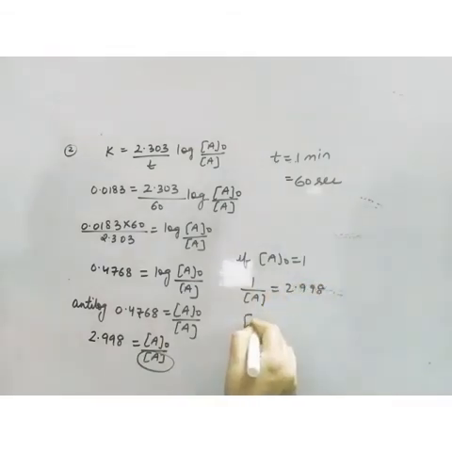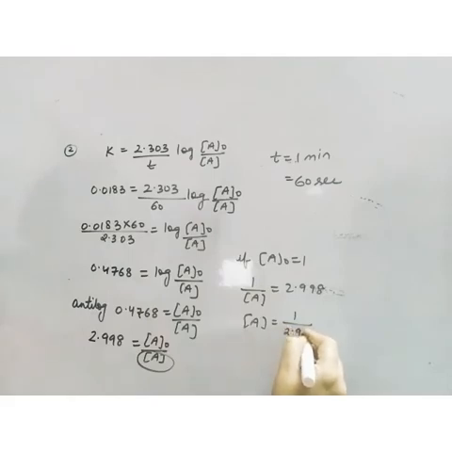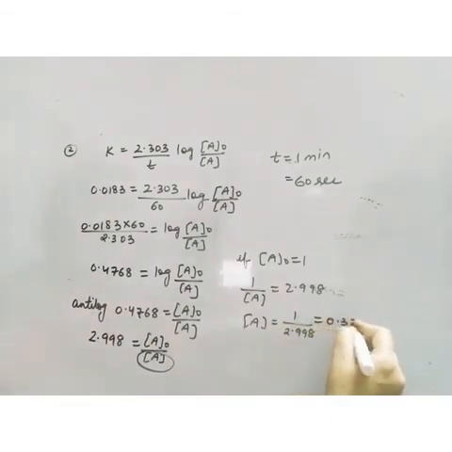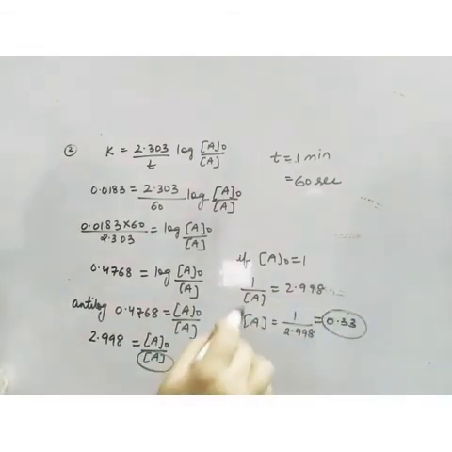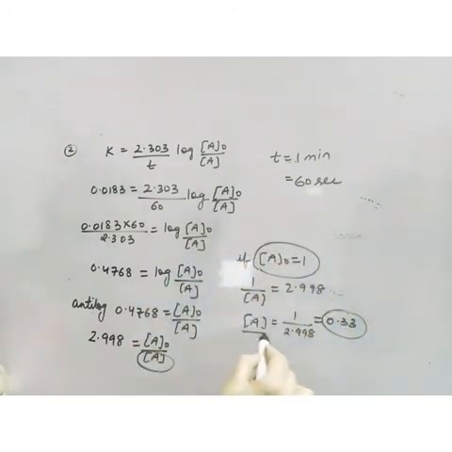Then what is A? It is 1 upon, okay, so it will be 0.33. So this is the final concentration. We have assumed that A0 is 1. So it will be 0.33.